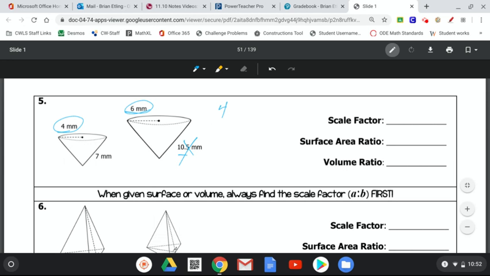So 4 over 6 reduces down to 2 over 3. So the scale factor is 2 to 3, or we could write it as 2 over 3. Either one's fine.